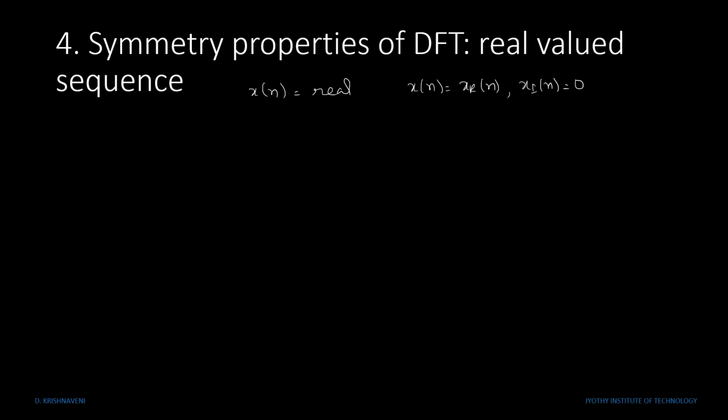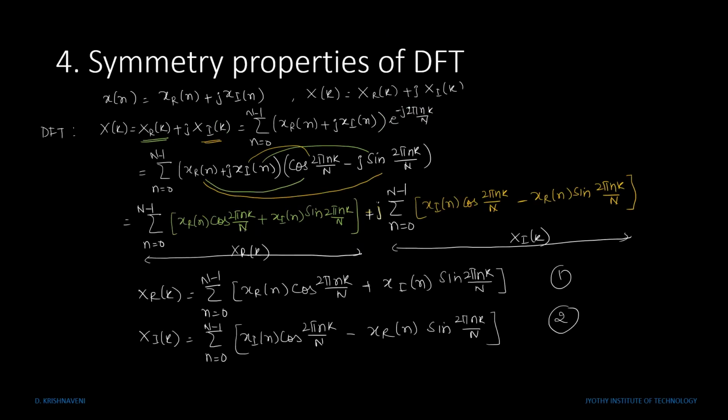Okay, so then in that case, if I consider the first two equations, you can see xi of n is 0, so this term will become 0. So in xr of k, xi of n sin 2 pi nk by n will become 0, and in xi of k, xi of n cos 2 pi nk by n will become 0.